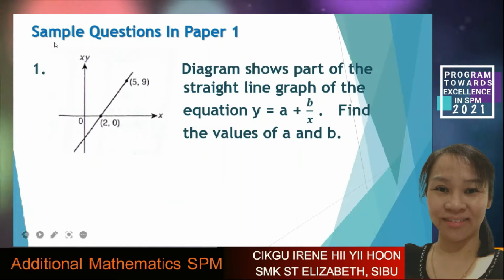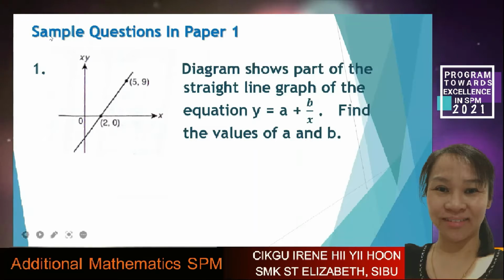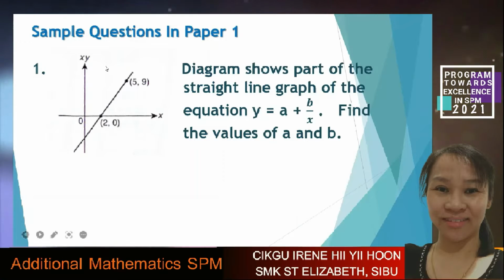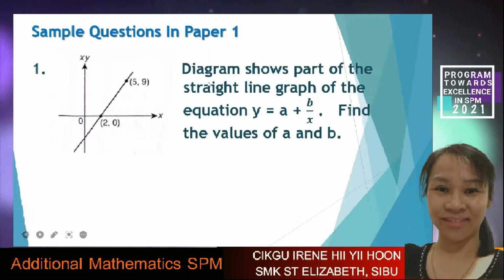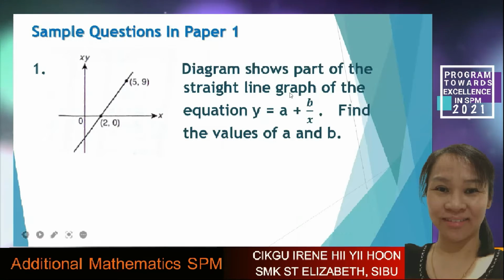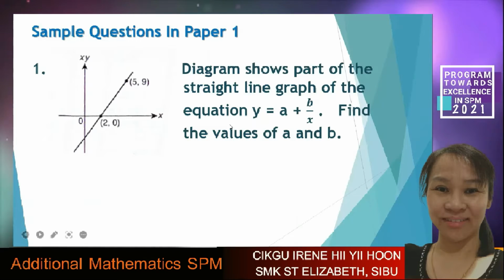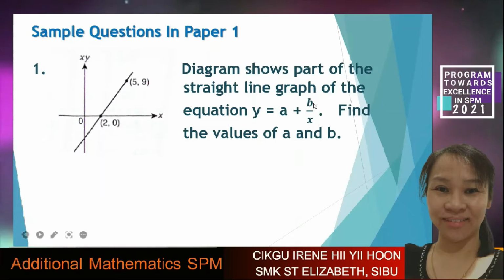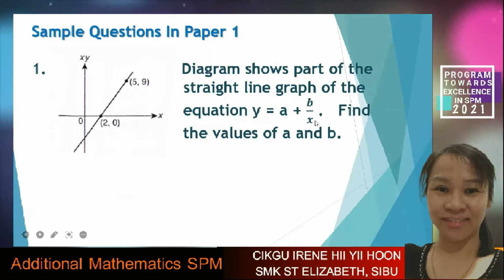So now look at the sample questions in Paper 1. Here, the diagram shows part of the straight line graph of the equation y equals a plus b over x.